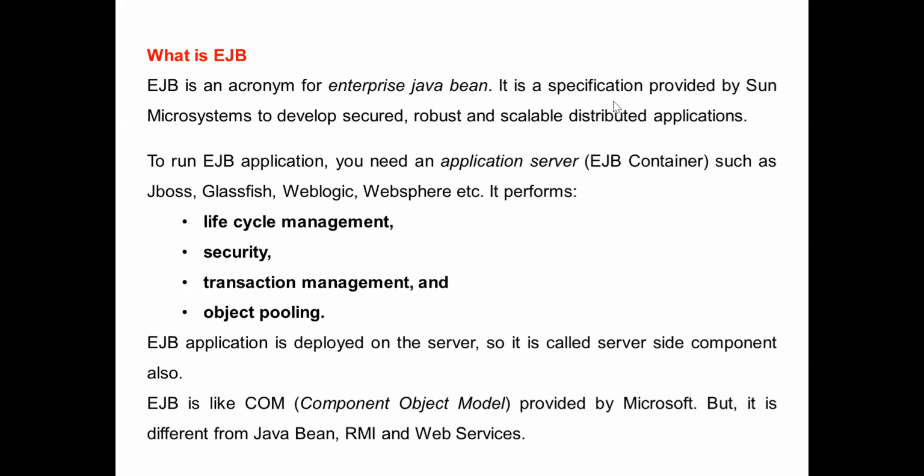That is a component object model. This component object model was developed and provided by Sun Microsystems, so it is different from Java Beans and RMI and also the web server. In the next slide, we will see what RMI is, what the difference is between RMI and EJB, and where EJB is used as a web service.